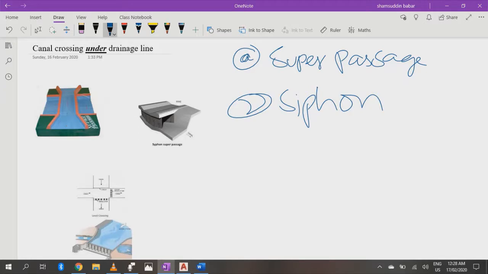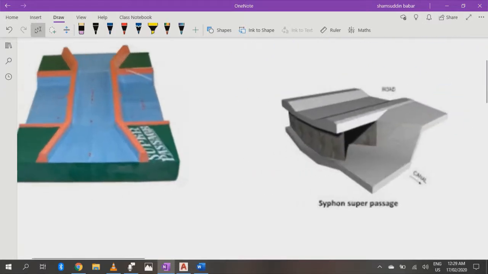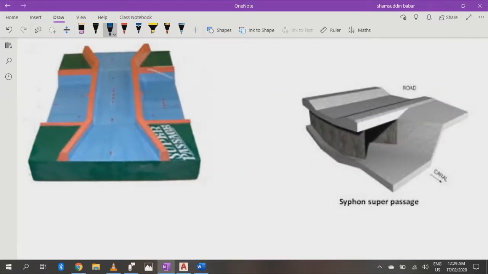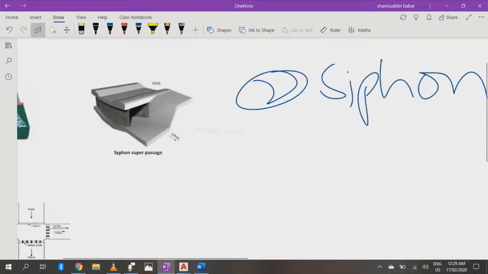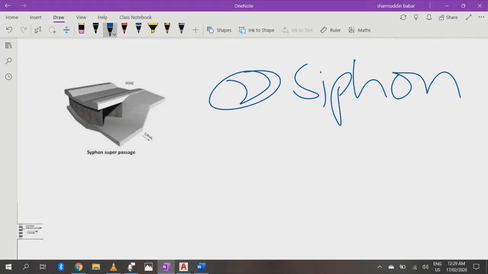For example, I will take a general example. If I cut this figure in cross section and watch from this side, what will we see?